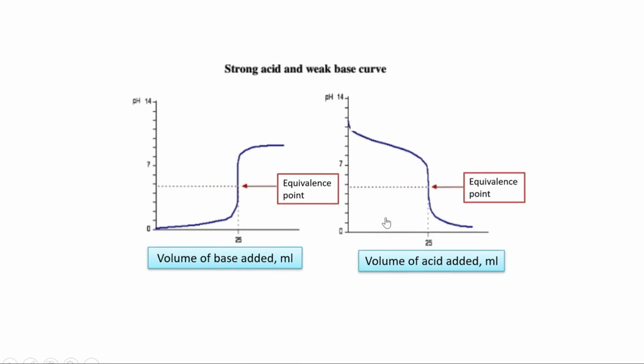Another example, let's say if your titrant is acid, that means the solution inside the conical flask initially is the weak base. Therefore, your titration curve will start from pH more than 7, indicating the weak base, and then the pH will go down as the titration process proceeds.